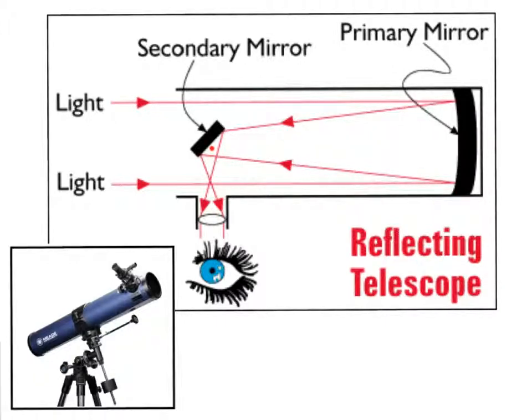But before it converges, it hits a plane mirror that is at an angle inside the telescope tube, and then it's reflected from that plane mirror toward the telescope's eyepiece, where it converges before it hits the eyepiece at the focal point and creates a real image of the distant object right here. And then just like in the refracting telescope, a convex lens in the eyepiece magnifies that real image for the viewer.